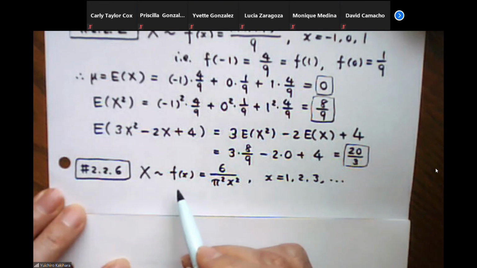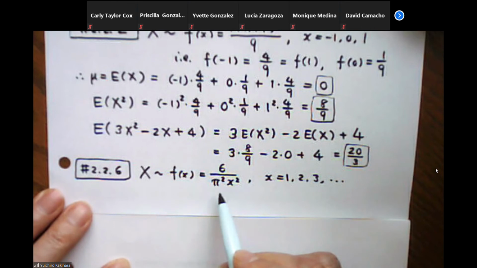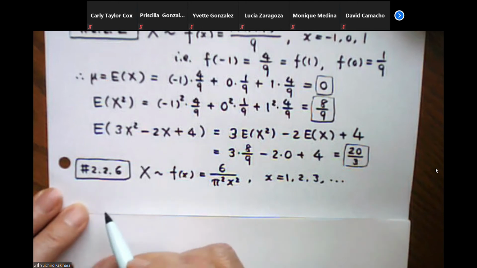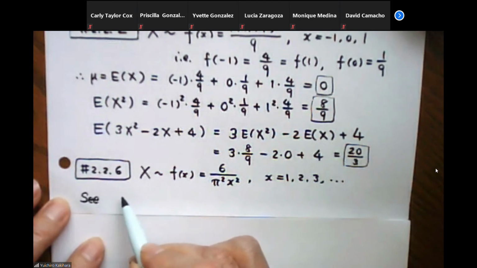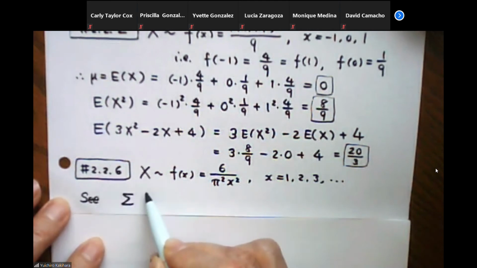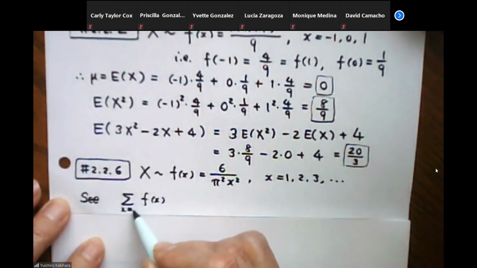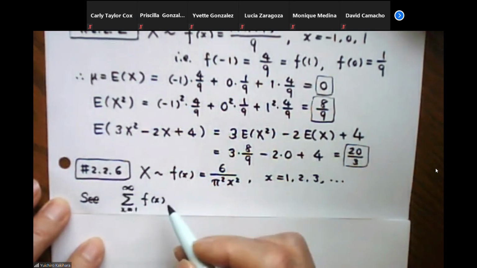So why is this a probability mass function? Well, the sum of this for x equal to 1, 2, 3 up to infinity is 1. Do you see that? Okay. First of all, see this f of x, and x is equal to 1 to infinity. We have to check this sum is 1.